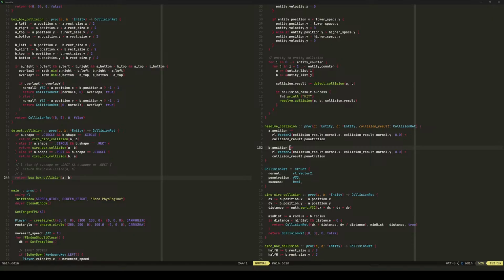The situation, you have two bodies. I did not know this formula. It's like positional correction, yeah, correction. Velocity resolution. I don't know. I don't know.